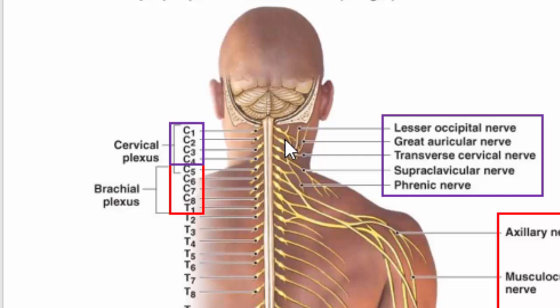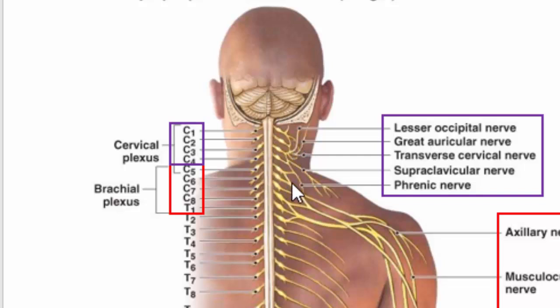What that means is a particular nerve that may be sending information to and carrying information from tissue in a certain region of your body may have fibers coming from various levels of the spinal cord. That's what we refer to as a plexus.